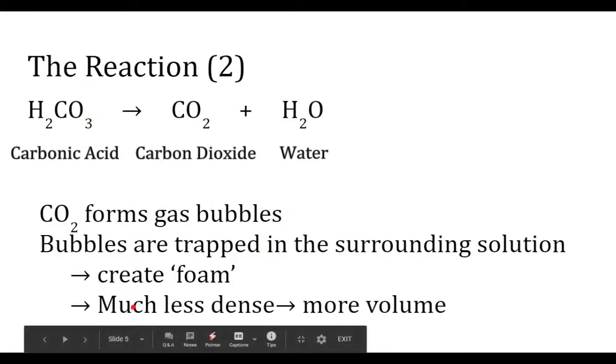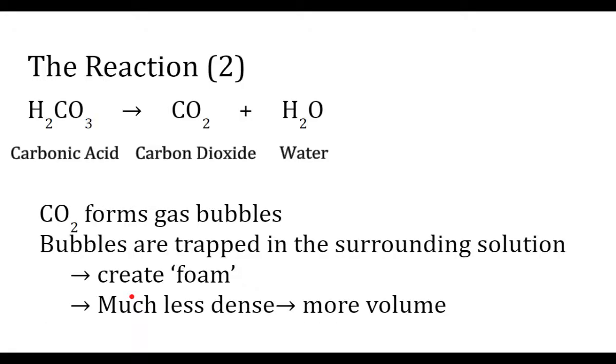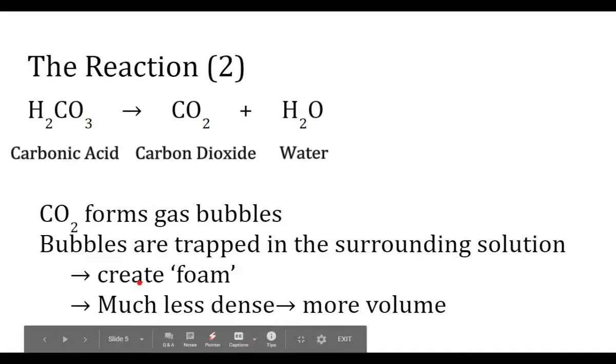All those bubbles are much, much less dense than the liquid that they were before, and so they give it much more volume, and that's why it foams up and fills up the surroundings.